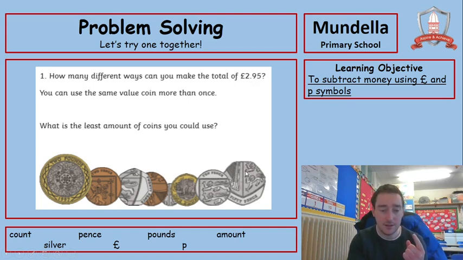So I'd take a 50p, that takes me up to £2.50, but I've still got 45p more to make. So I'm going to take two 20ps, which takes me up to £2.90, and this 5p hiding behind here for £2.95. I've used 5 coins there. See if you can find any other ways of doing it as well.